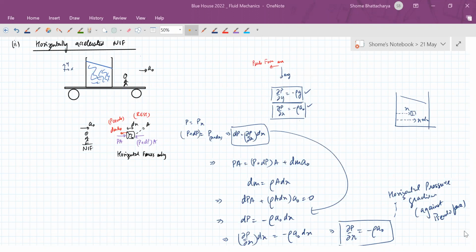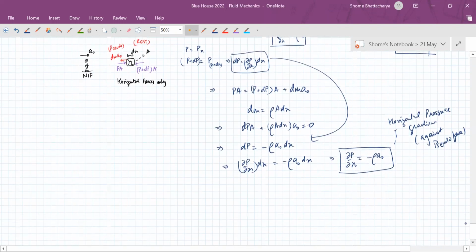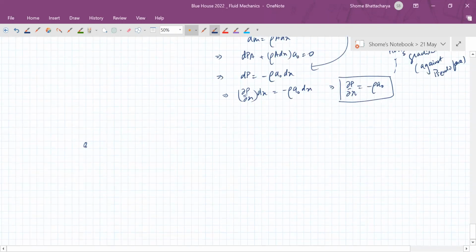Okay, so as I said, along with this, of course, there'll be the vertical pressure gradient also. So that free body diagram is more or less the same. The non-inertial frame doesn't make a difference to it because we'll consider only the vertical forces now. Now considering a volume element like this, where this thickness is dy and this area is A, and considering only the vertical forces.